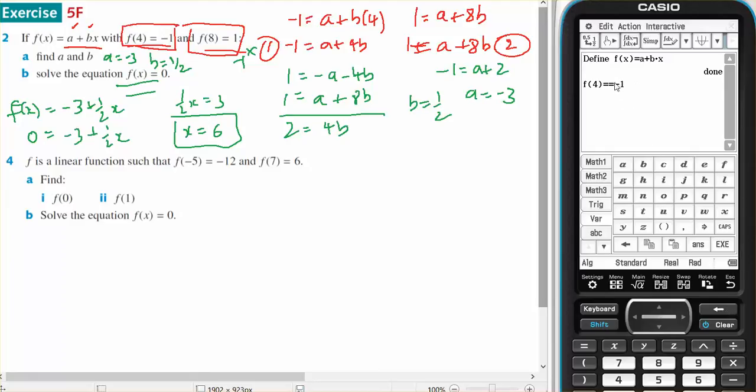Totally mucked that up. And I know that f of 8 equals 1.